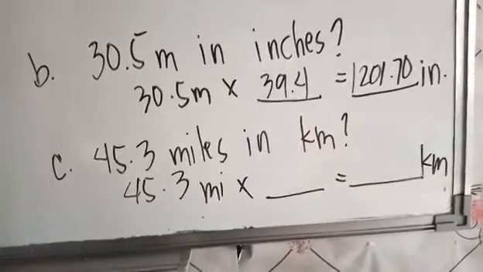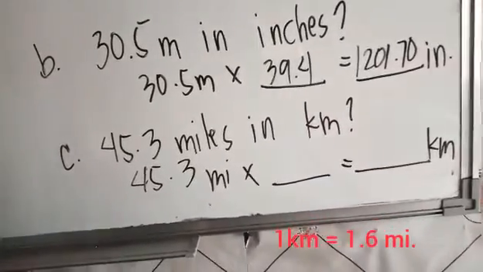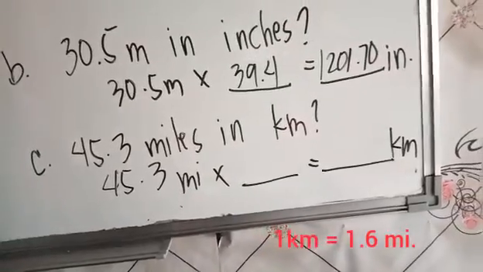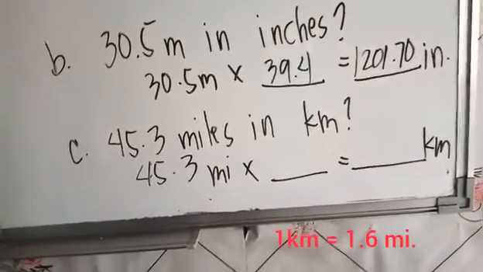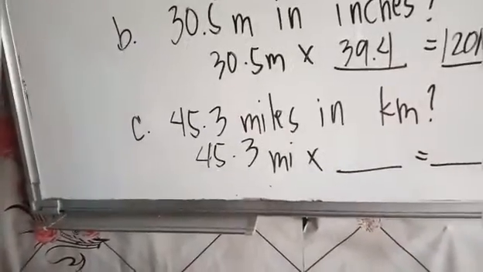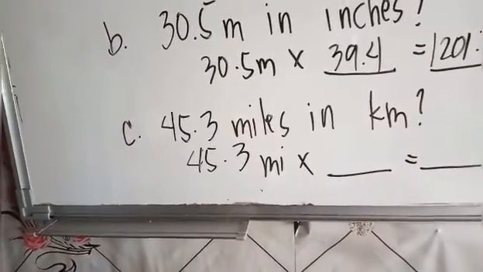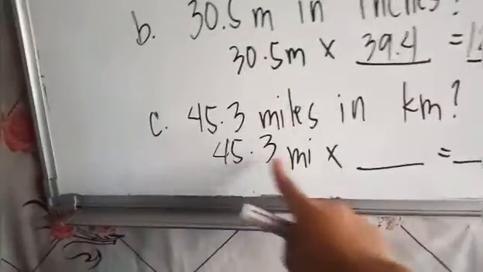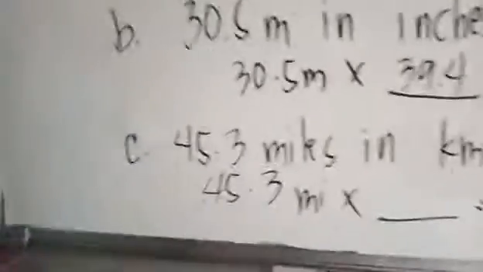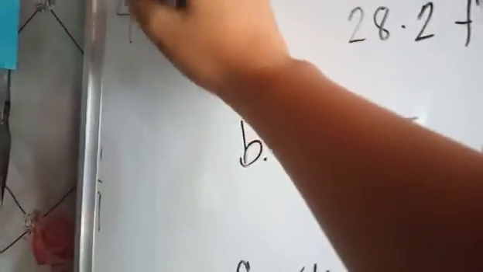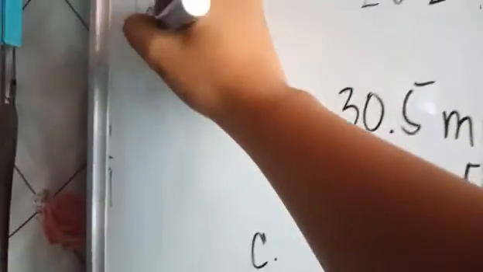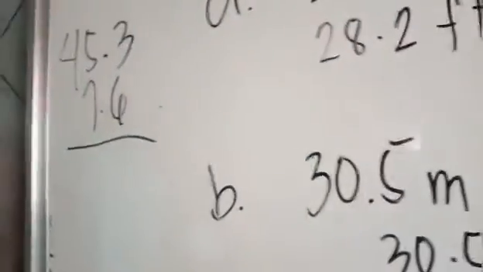So, since 1 mile or 1 kilometer is equal to 1.6 miles, ibig sabihin, multiply lang natin ng 1.6 ito para maging kilometer. So, we have 45.3 times 1.6.